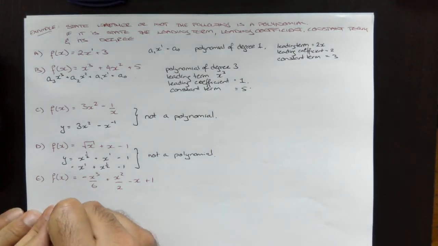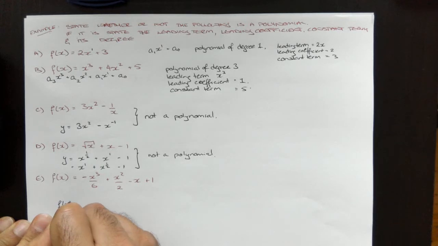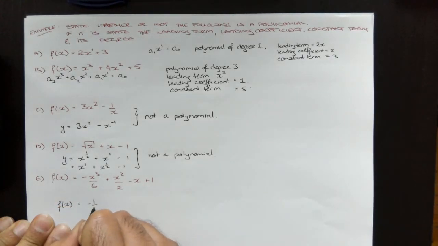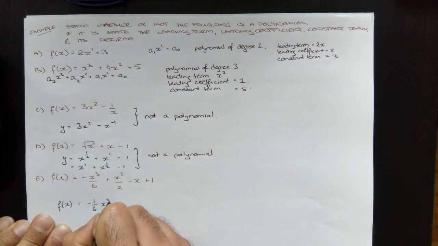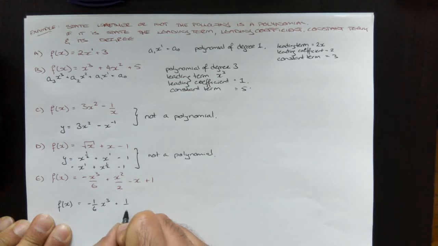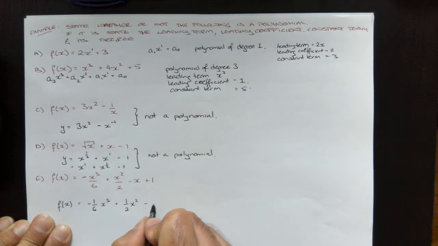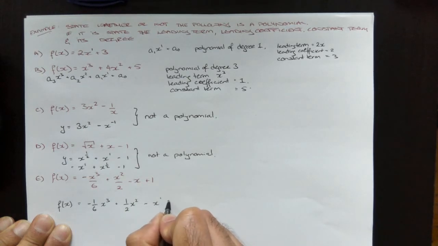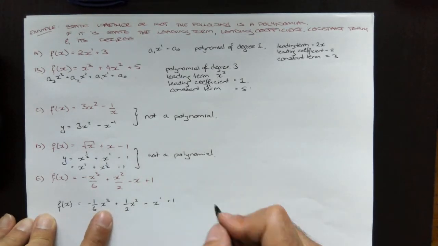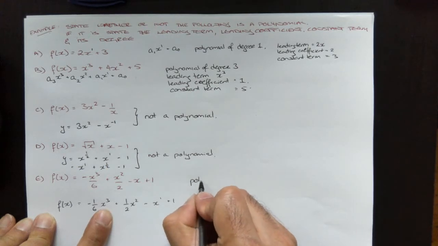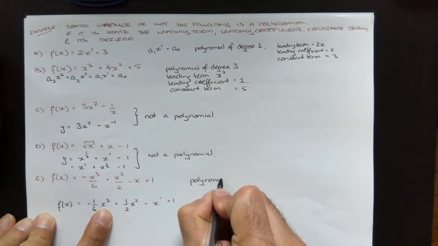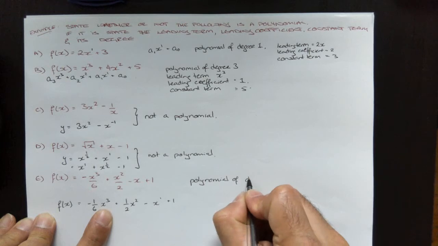This example, though, we get negative 6x to the power 3, a half x squared minus x to the power of 1 plus 1. So this is a polynomial of degree 3.